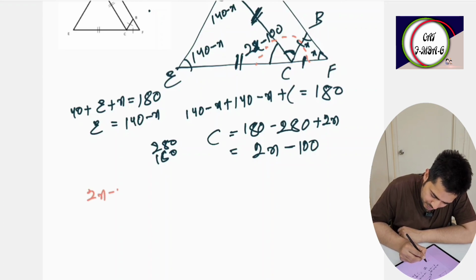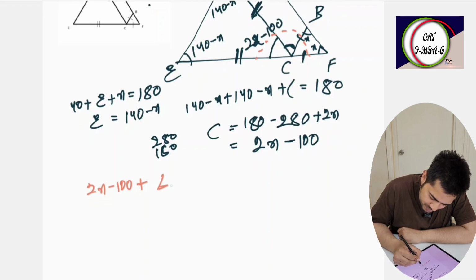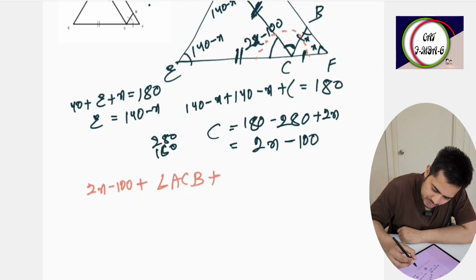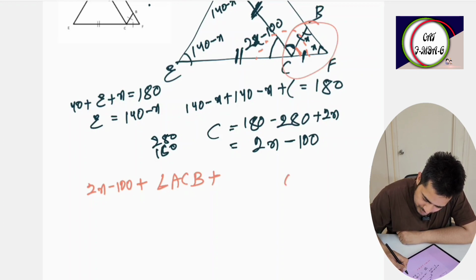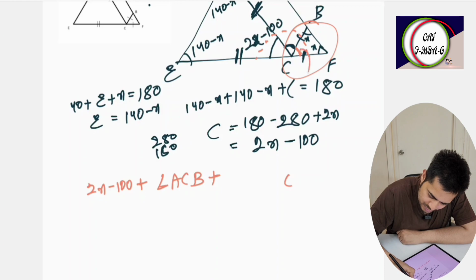So 2x minus 100 plus what angle we have to find? We have to find angle ACB, and plus this angle. From this triangle we can find out this angle. Let us say this angle is C dash.